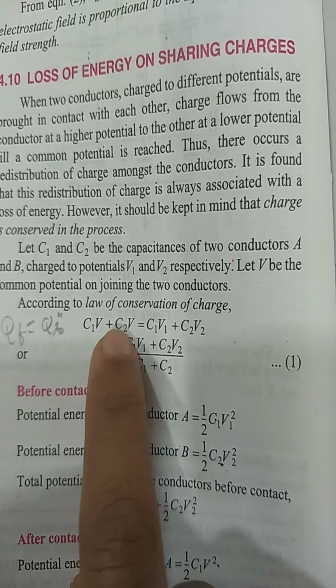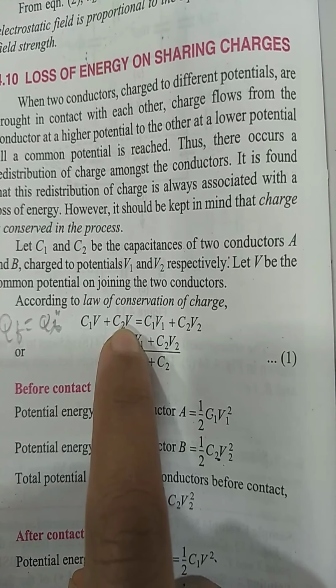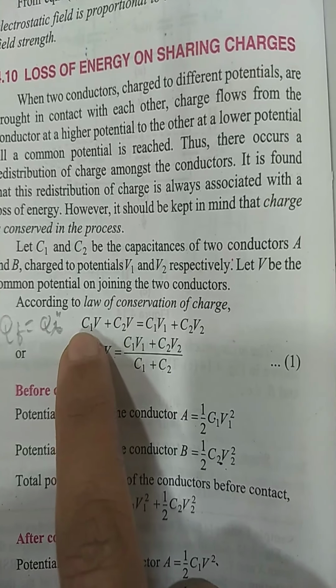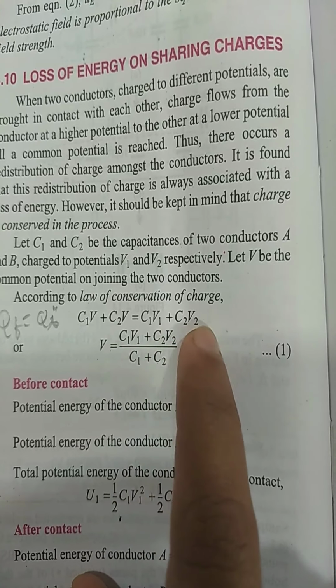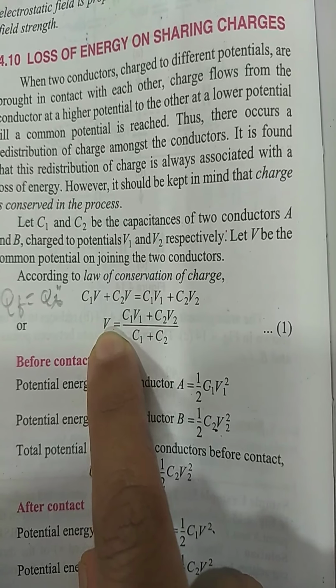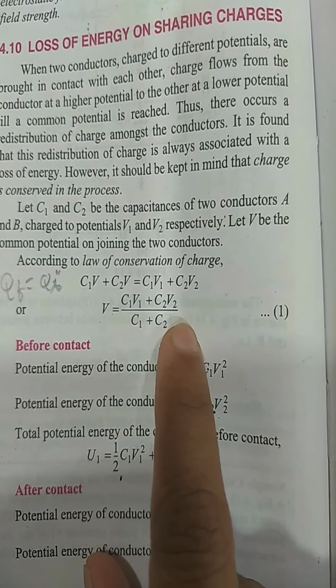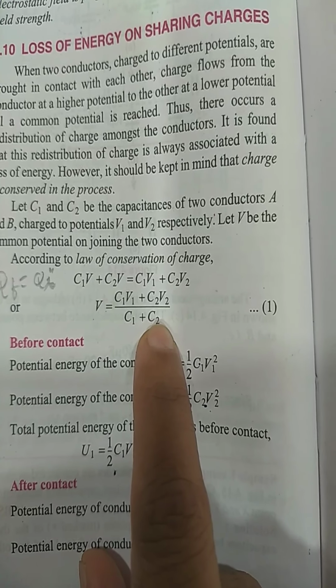The process of transferring the charge will continue till both have the same potential. So C1V plus C2V is equal to C1V1 plus C2V2. If you make V the subject, it will be (C1V1 plus C2V2) upon (C1 plus C2).